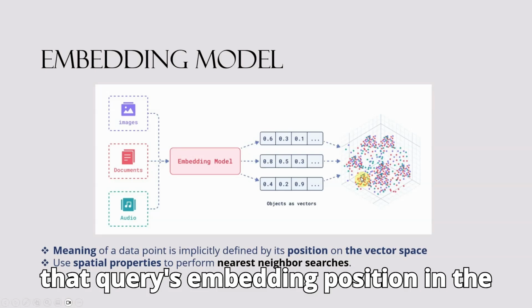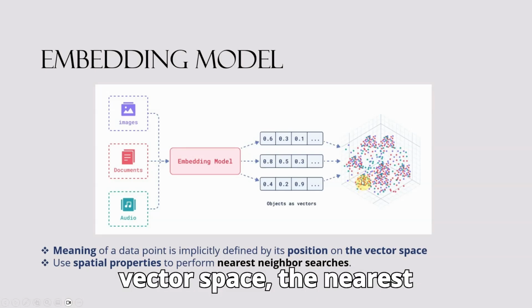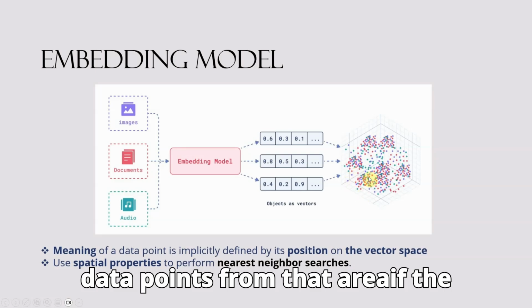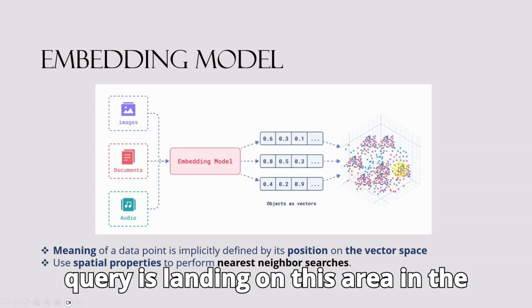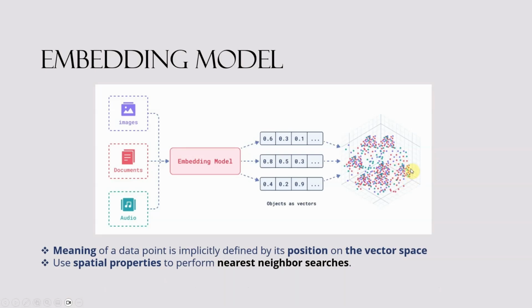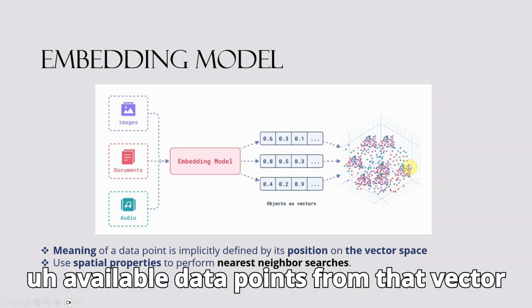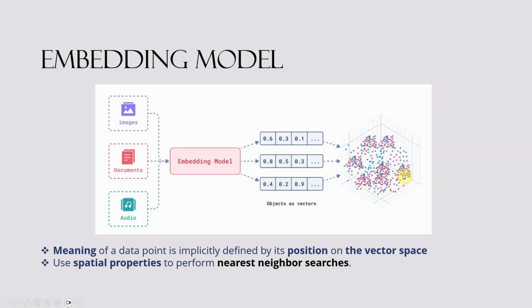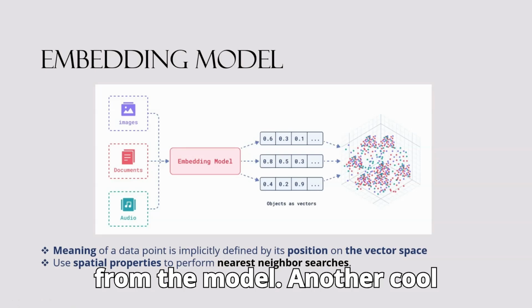Based on that query's embedding position in the vector space, if the query is landing on this area, then the nearest available data points from that vector space are retrieved for generating from the model.